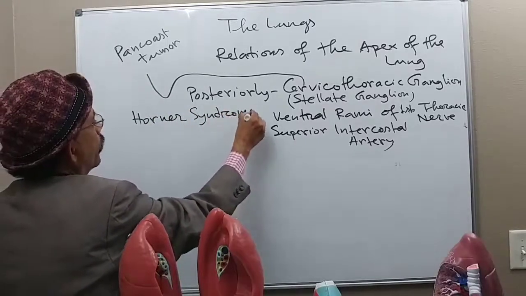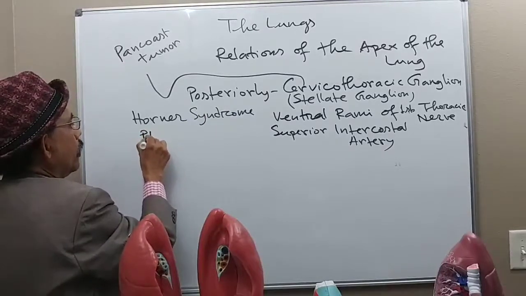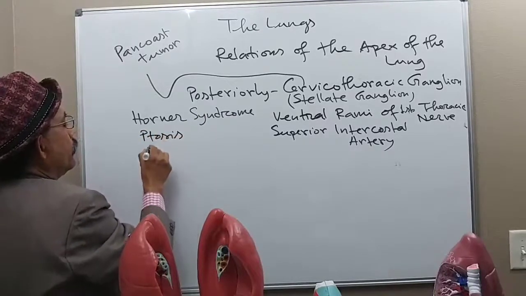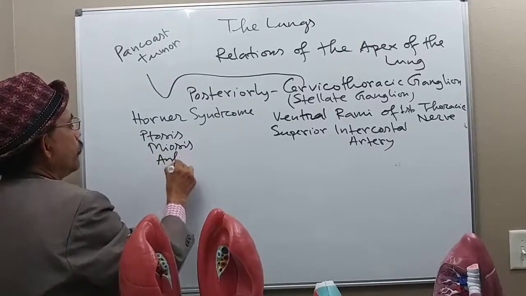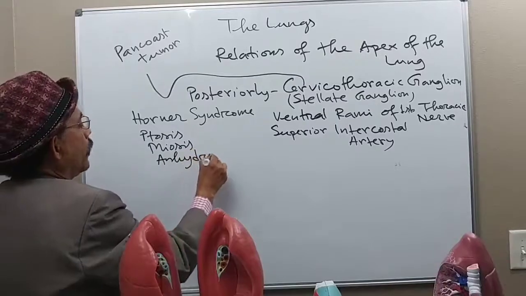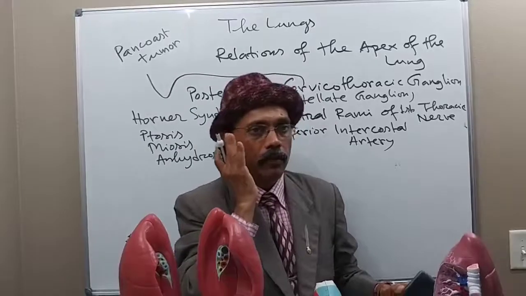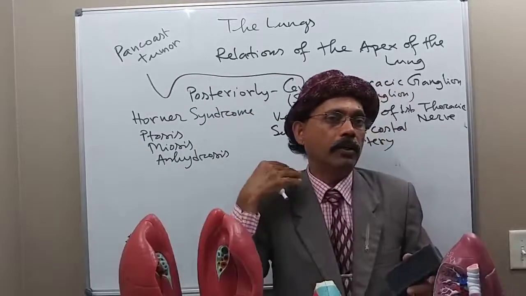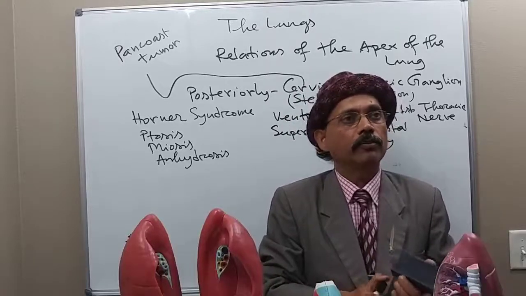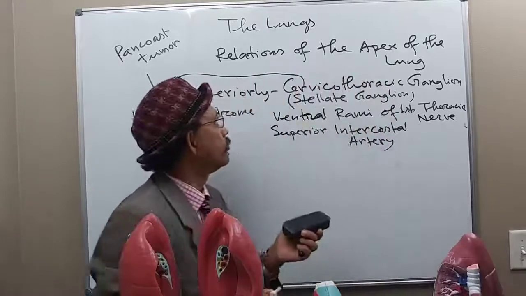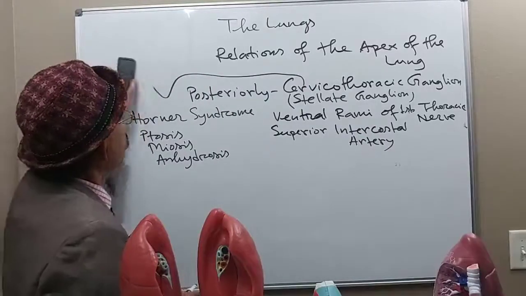Horner syndrome has multiple components, like partial ptosis, miosis, and anhidrosis, plus flushing of the side where the tumor is located. So these are the posterior relationships of the apex of the lung.